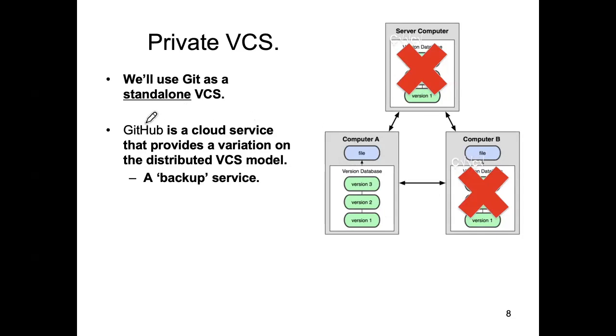Now, enter GitHub then. All GitHub really is, is a cloud service that provides a variation on the distributed idea, but really all GitHub is a backup of your local repository. So you make changes to your local files here, you commit them to your local repository, and then every now and again you push this repository up to GitHub.